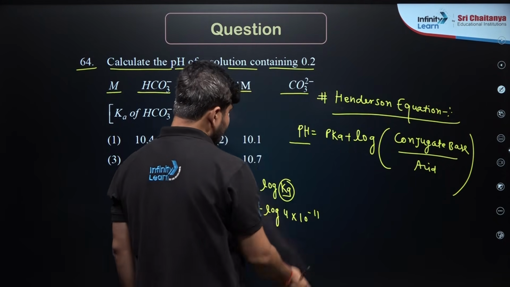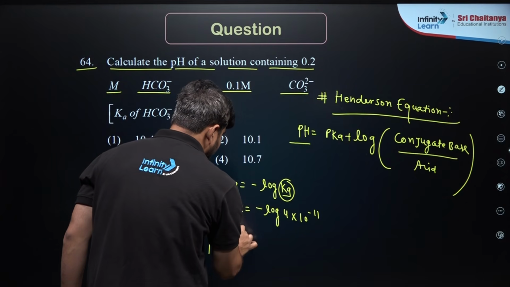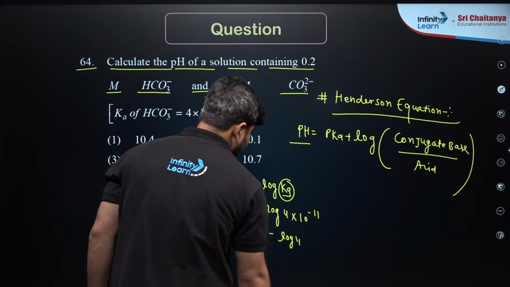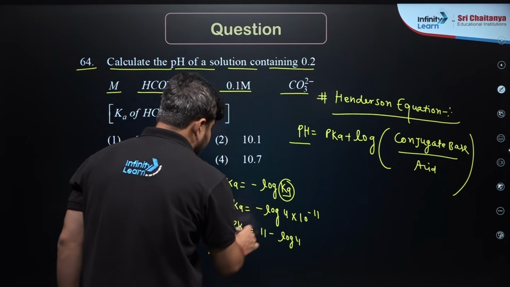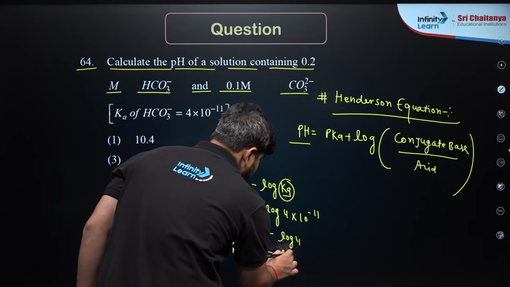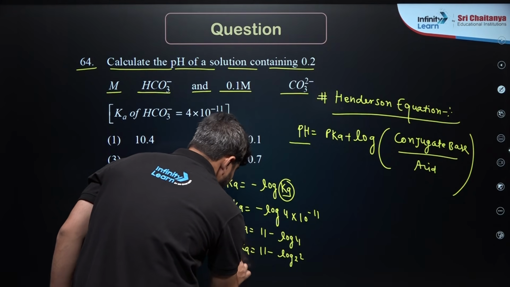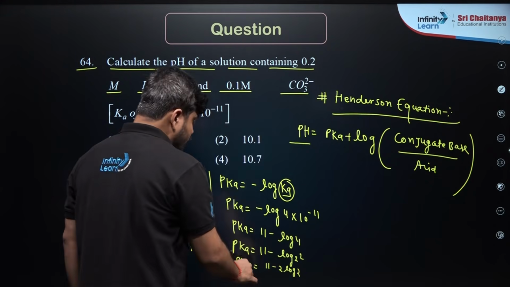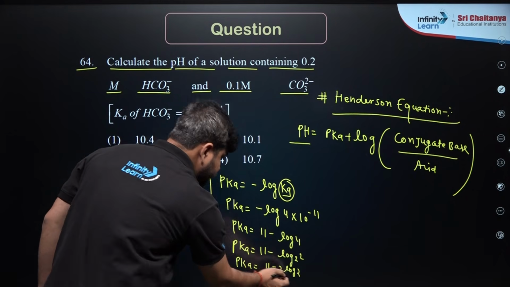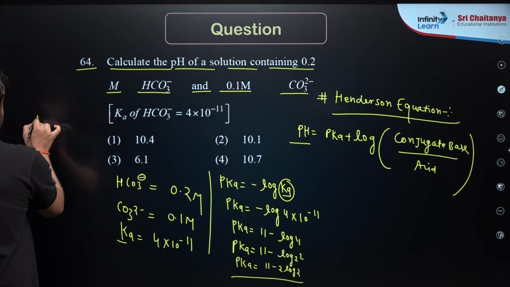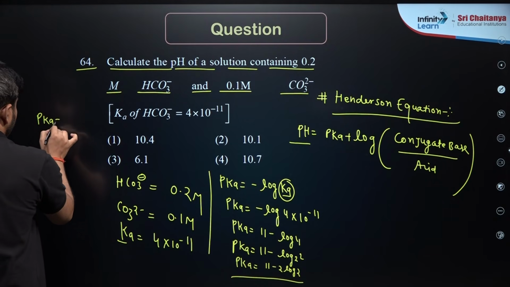Here we can write pKa equals 11 minus log 4, and log 4 we can write as log 2 to the power 2, so 11 minus 2 log 2. Now how much will the pKa value come to?